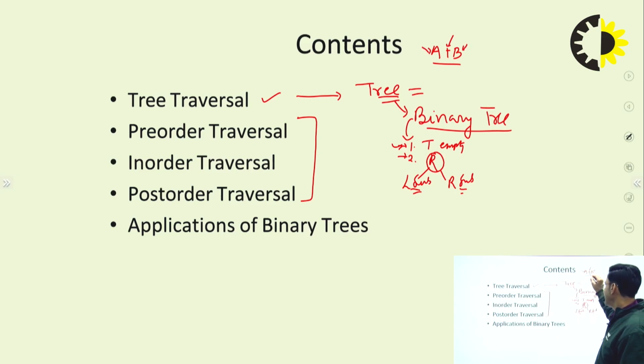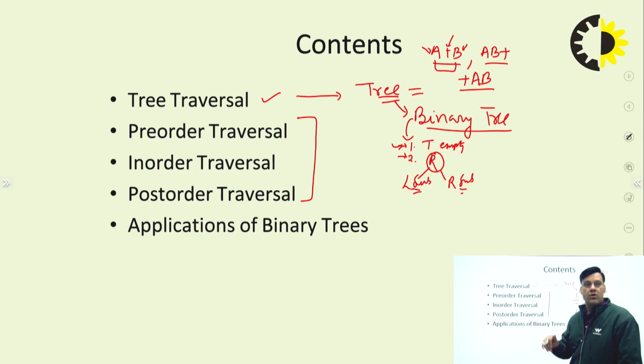So the operator lies in between two operands. This is an infix expression, right? When we write postfix, I can write this expression as A B plus. The operator lies afterwards and the operands lie before the operator. And what about prefix? Plus A B. The operator lies before. In the same manner, you can remember tree traversal also.